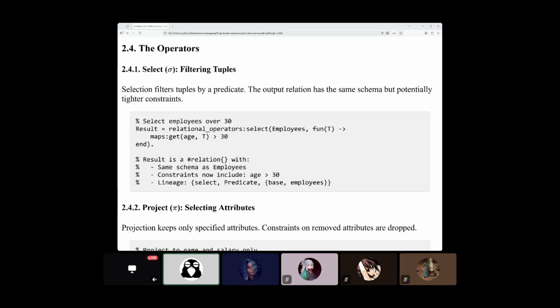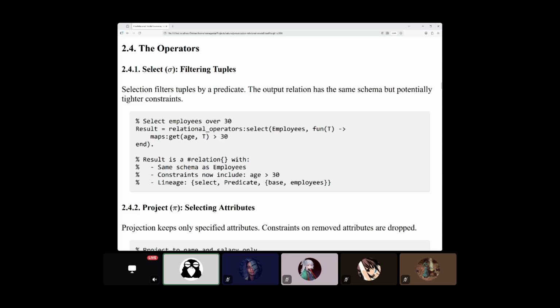All right. So let's talk first about select. Select here is essentially not the SELECT from SQL. It's actually the WHERE in SQL, because it is about filtering tuples. We filter by a predicate, which is basically a function. When we say predicate, we mean a function.